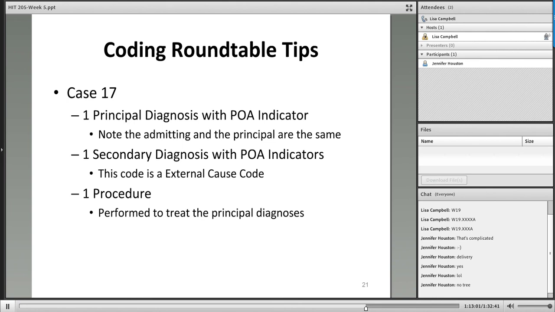So a few weeks ago, I'm pretty sure that I gave you guys main terms that lead to V codes, and not V codes, Z codes, and I think I have an article on main terms that lead to the external cause codes. I'm going to have to find them while we're looking this up.